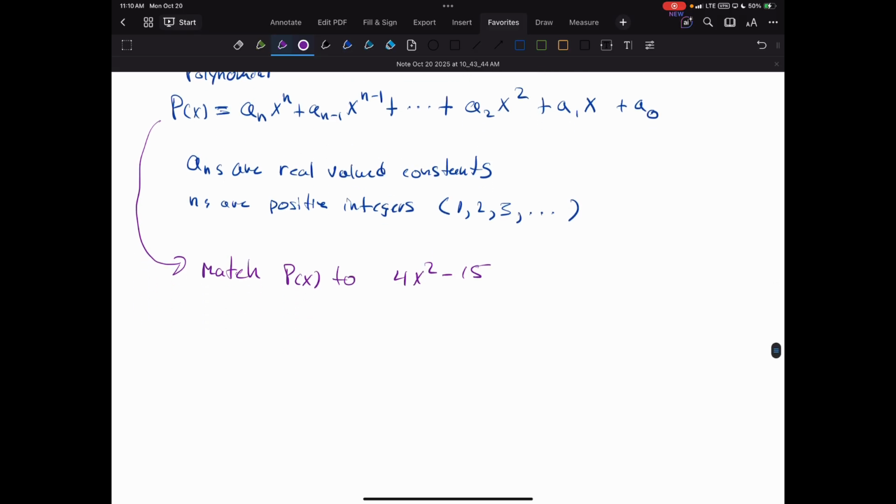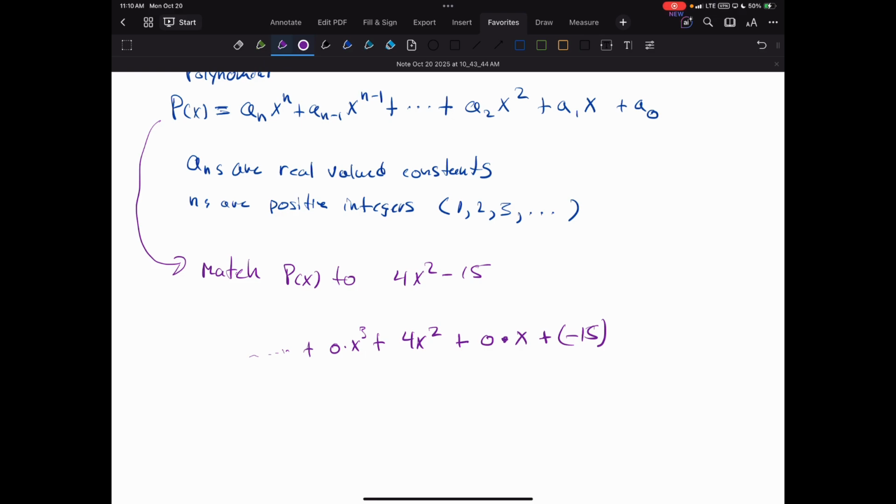I'm saying I have 4x squared plus 0 times x plus negative 15 plus 0 times x cubed plus, and all of those above it would be 0.